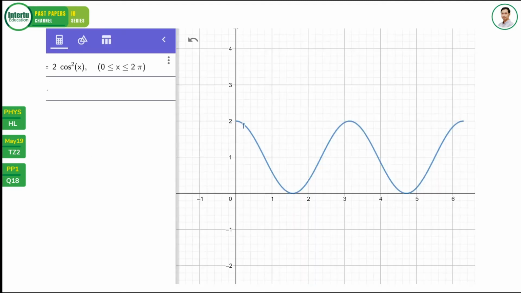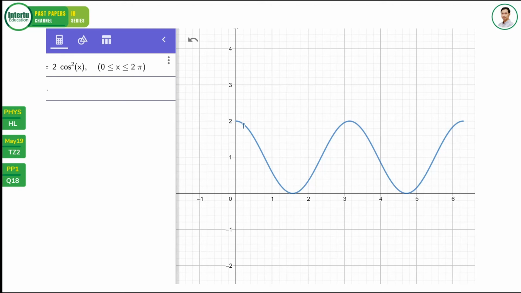So when I use a graphing calculator, a software, to plot the graph of the cosine squared of a function with the variable x, and here I choose 2 as the magnitude of this function, it's just an arbitrary number that I choose to illustrate the shape of how the graph looks.